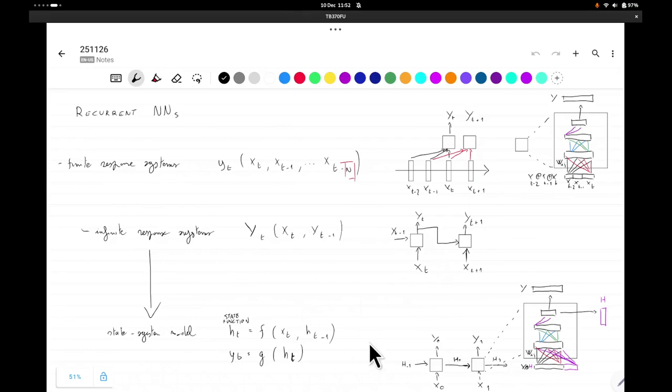More generally, people set up the state system model, in which we decouple the information that the model transmits to the next step, typically with the letter H. So this is decoupled from the actual output, right?